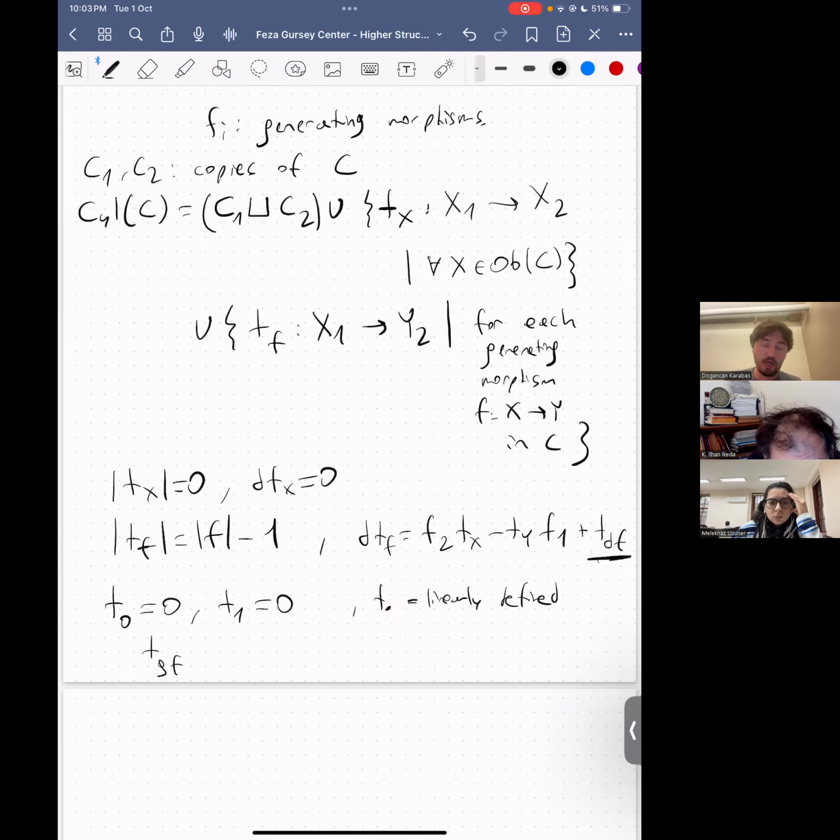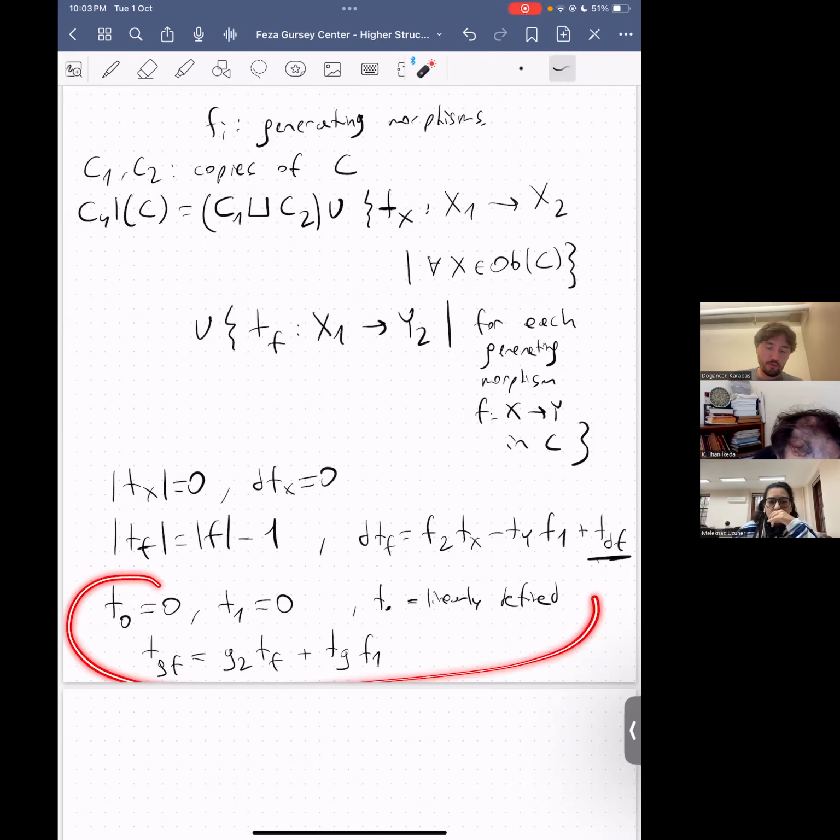And there's T of gf. If I have this composition gf, how is T of gf defined? It's defined as g2 Tf plus Tg f1. And using these rules, you can determine this correction term.